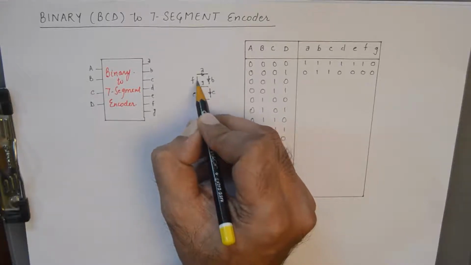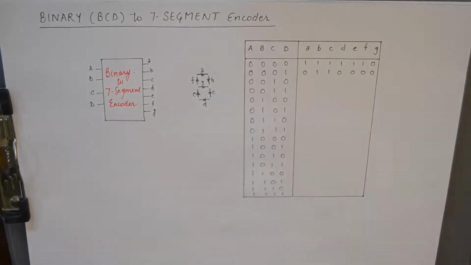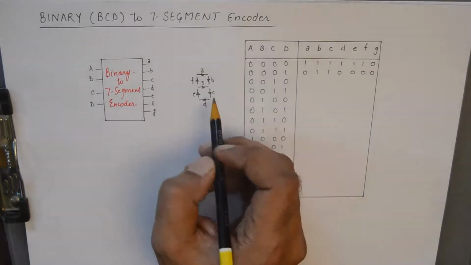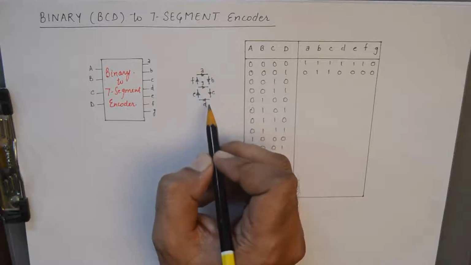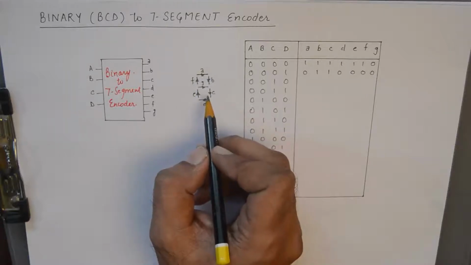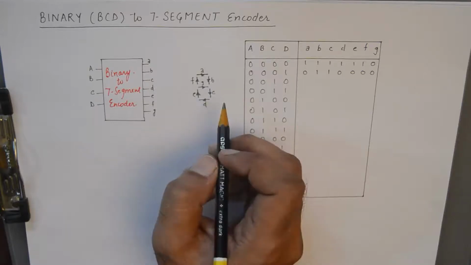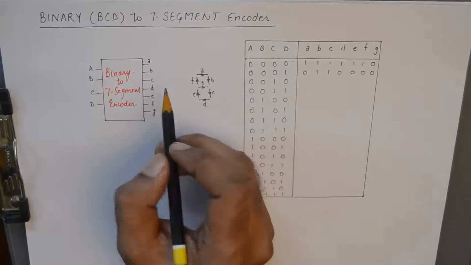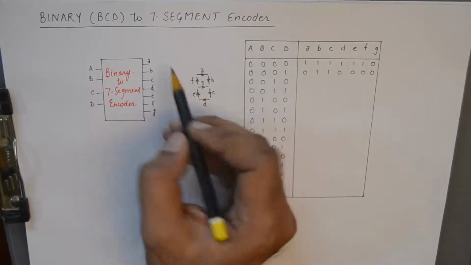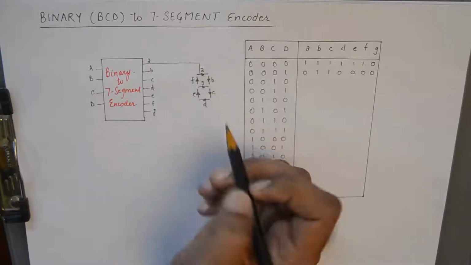So this is what the actual arrangement of this 7 segment display is. It's a collection of light emitting diodes in such a way that they'll illuminate a specific digit depending upon whatever number is inputted, and the connections at the output are made like this.